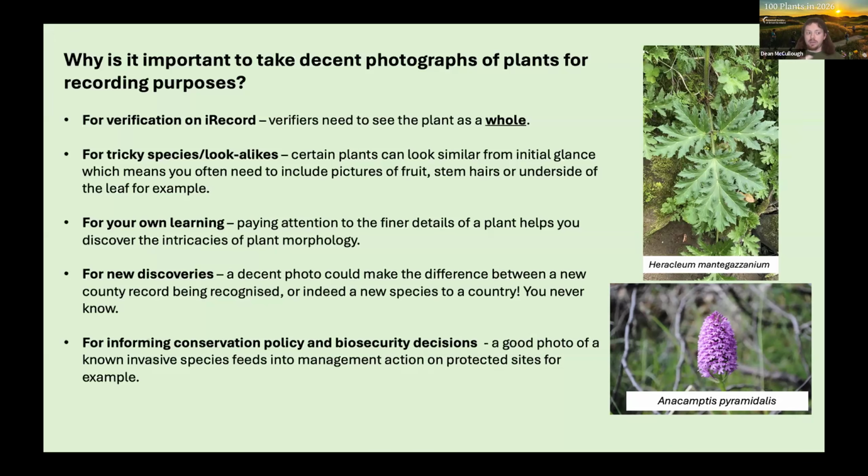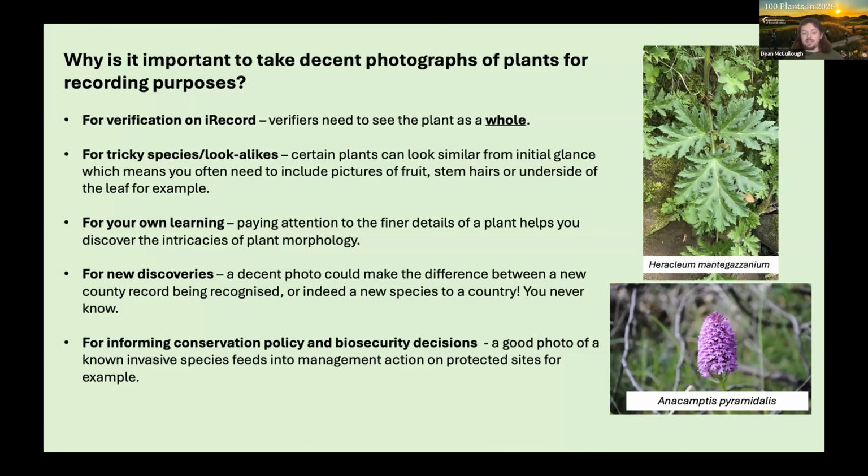Now, as a beginner or a novice botanist, you might think that this is beyond you, but it's not really, because certain plants can look similar from initial glance, but it means that you need to include pictures of the fruit, the stem hairs, or underside of the leaf, for example, which can seem daunting, but it helps, as the next point shows, with your own learning as well.